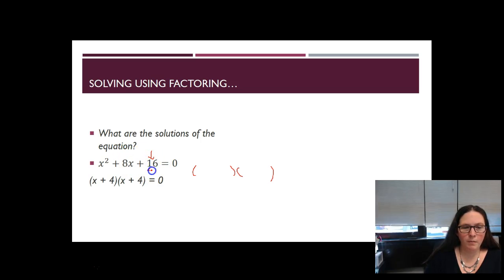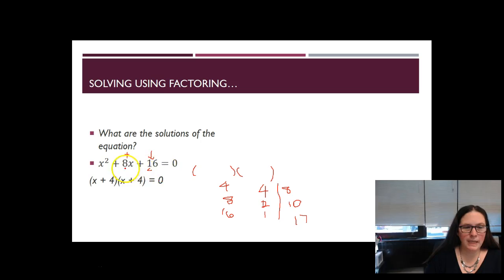Usually you'll make a couple of guesses, like 4 and 4, could be 8 and 1, could be 8 and 2, how about 16 and 1? Then you go through each of these and see which of them add to 8. We can see 4 and 4 add to 8, 8 and 2 add to 10, 16 and 1 adds to 17.